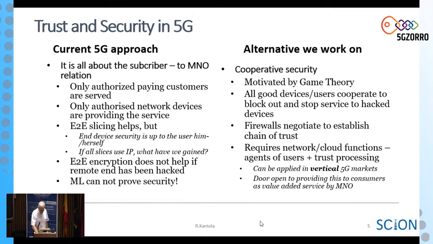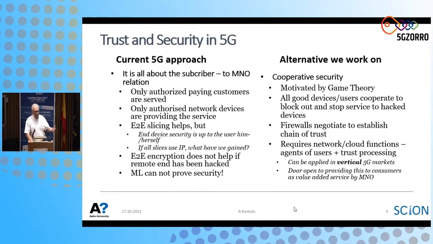The approach that we have been working on is cooperative security. We motivate that by game theory, the prisoner's dilemma, which says that actually the conditions for cooperation over the internet are not in place. The cooperative strategy is not going to be the sustained strategy that will automatically be chosen.